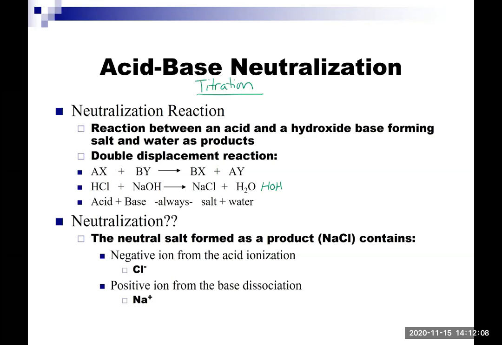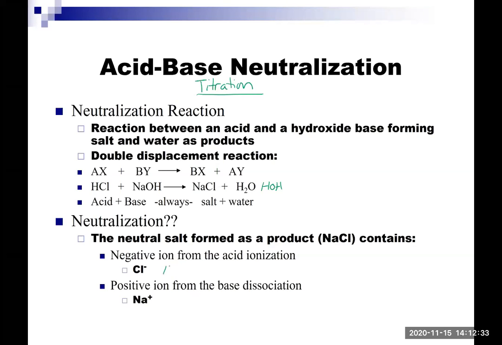How do we know we have a strong acid and a strong base? So that we know we will form a salt and water in the products, because we memorized the 6 strong acids and the 7 strong bases from a few slides back. The neutralization occurs because the neutral salt is formed as a product containing the negative ion from the acid ionization.